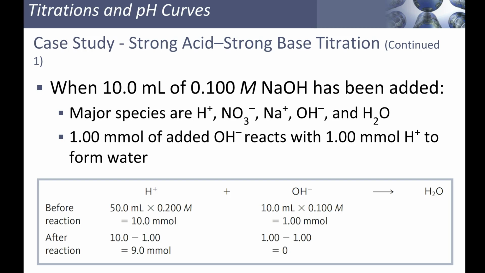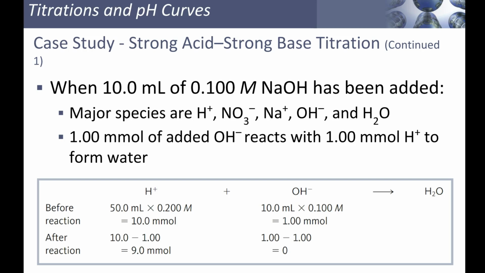You add into this solution hydroxide ion of 1 millimole. What is this hydroxide going to do with this H plus? It makes H2O. So what does the 10 become? 9. Why? Because it subtracts the 1.